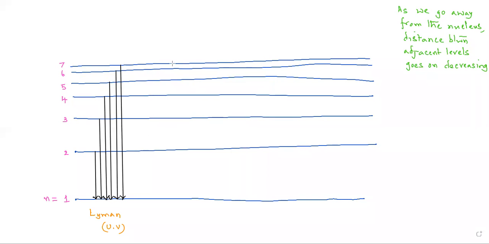Now let us check the other series. The second one, say Balmer. From any higher energy level to the second orbit. Next, 6 to 2. This way.